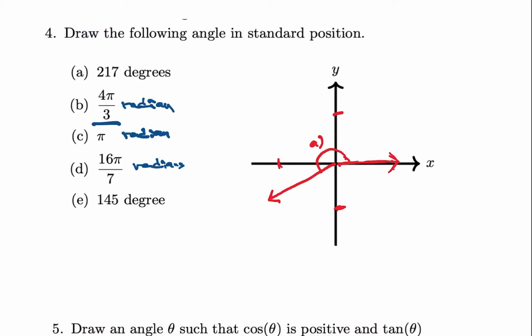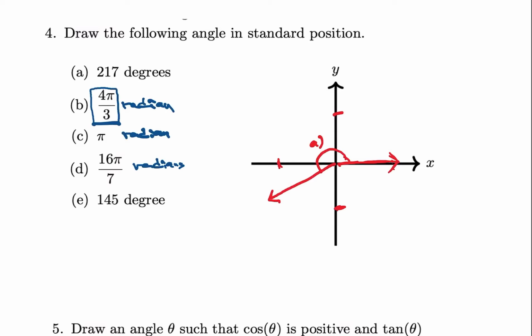So 4 pi over 3. That means that the arc length created by the angle is 4 pi over 3 times as large as a radius length.